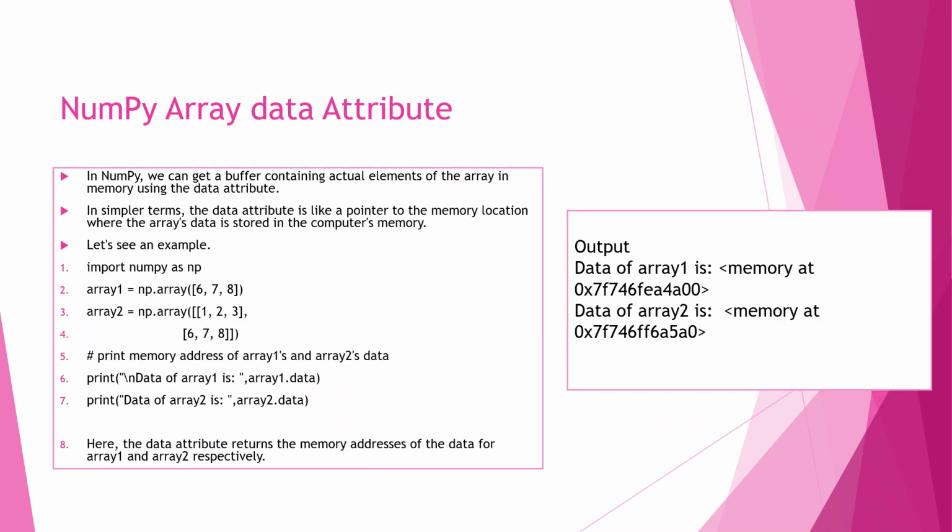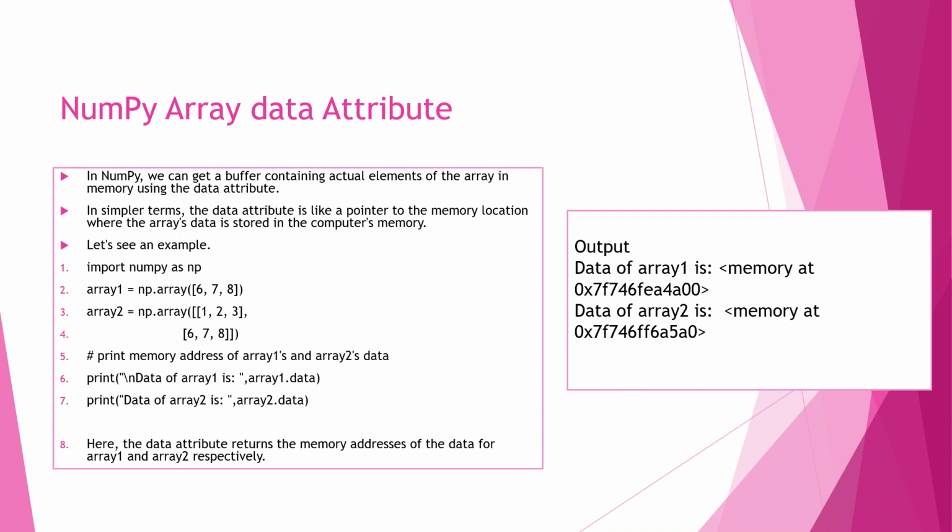The next attribute is the data attribute. This attribute is used to get a buffer containing the actual elements of the array in memory, and it displays the memory address of the element. It acts like a pointer to the memory location where the array's data is stored in computer memory.